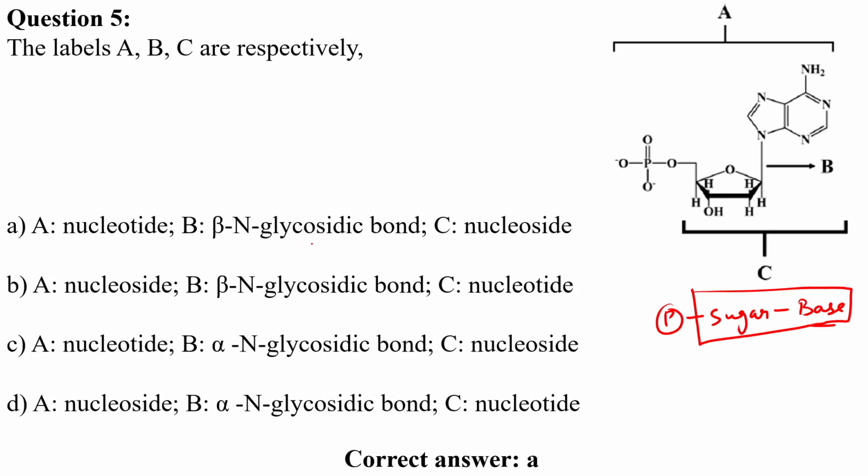For now, just remember that any bond between sugar and another atom is called a glycosidic bond, and since the bond is with a nitrogen, it is called an N-glycosidic bond. If the bond was with this oxygen, it would have been O-glycosidic bond. If the bond was between carbon and carbon, it would have been a C-glycosidic bond. Okay.